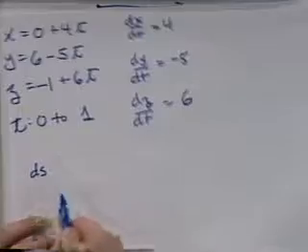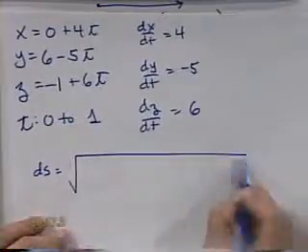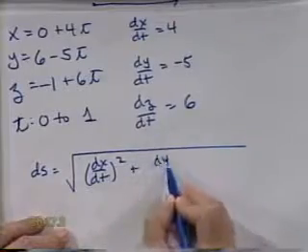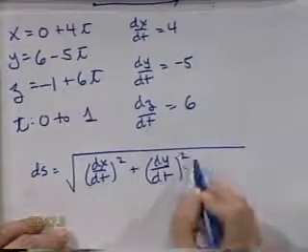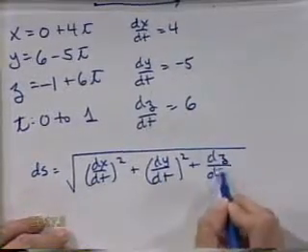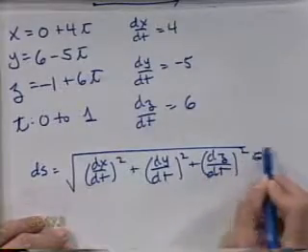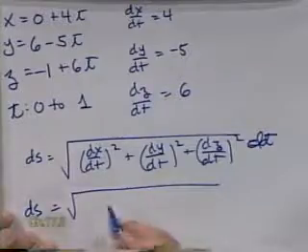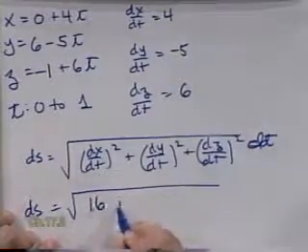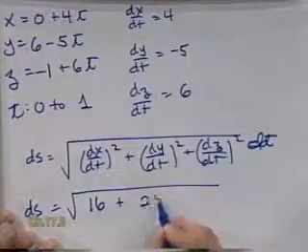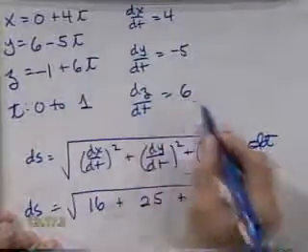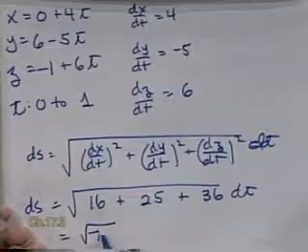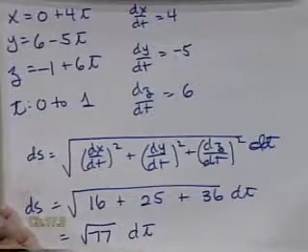So my ds is the square root of dx dt squared plus dy dt squared plus dz dt squared times dt, which is going to give me the square root of 4 squared is 16, negative 5 squared is 25, 6 squared is 36. So this turns out to be the square root of 77 dt.